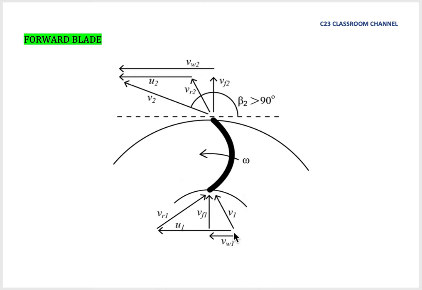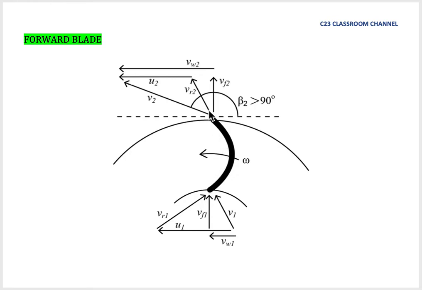So we draw U1 from the V1 here, tangential at this point, and then we draw VR1, a relative velocity that is parallel with the angle of the blade at the inlet. So we have the absolute velocity, and then we have U1 here and VR1 here.